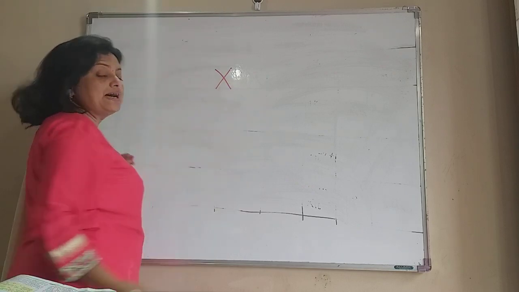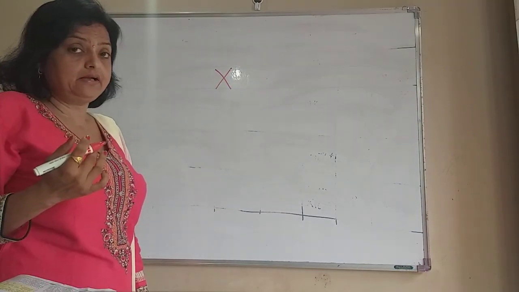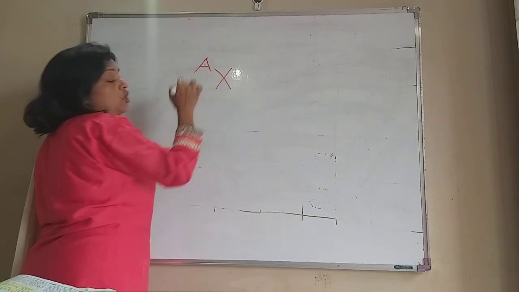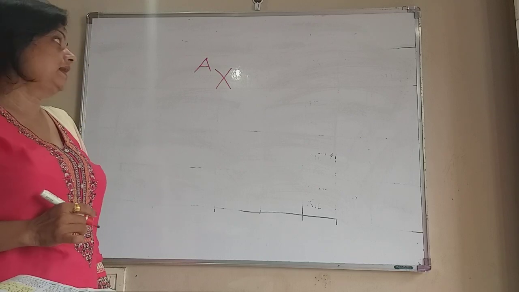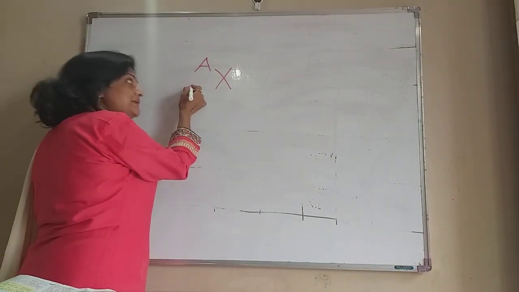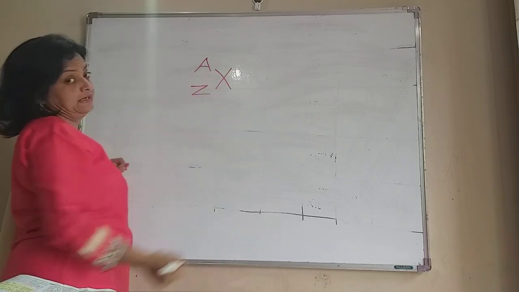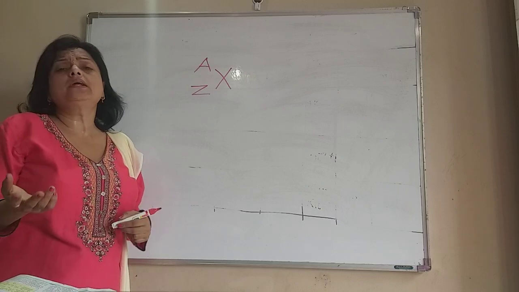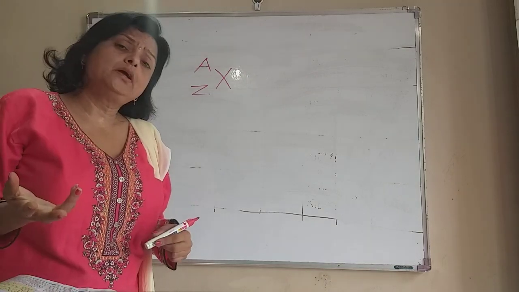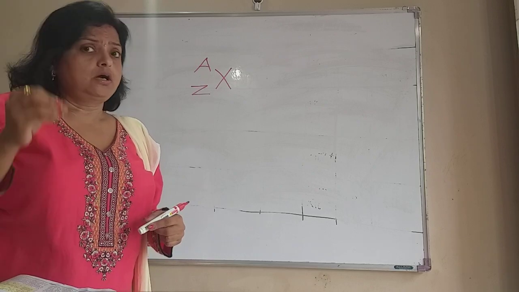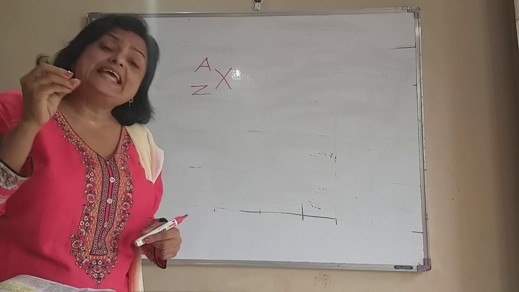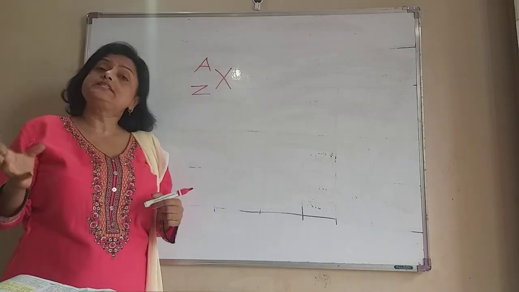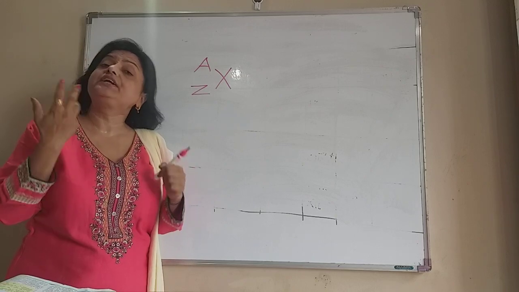Then the mass number is written as a superscript on the left-hand side of the symbol of the element, and the atomic number is written as a subscript on the left side of the symbol of the element. Now this Z is the number of protons, but you know that an atom is electrically neutral, so the protons are exactly balanced by the electrons. Protons and electrons are equal in number because the atom is electrically neutral.